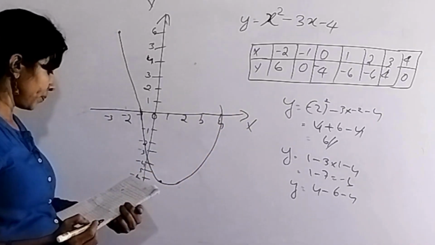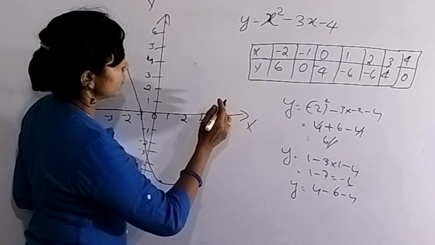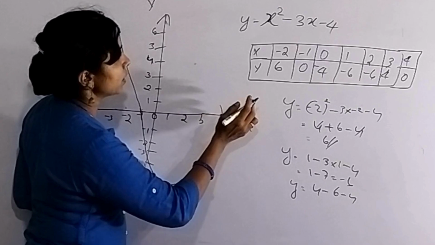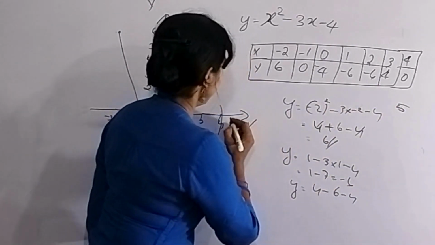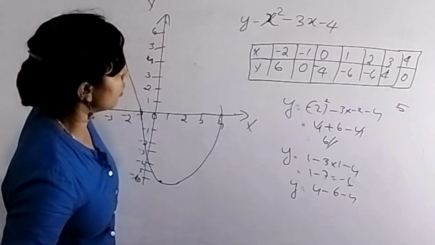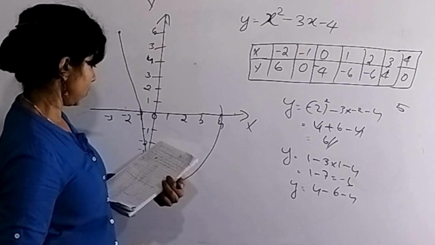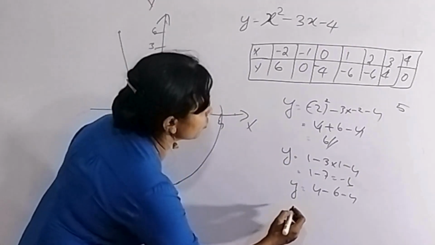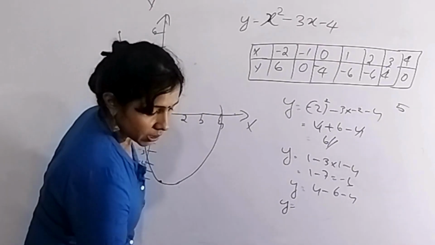Then when we put 3, it's -4. Now we can put another point also. When we put 5, then what will be the value? When you just put the value of 3 also, then what will be y? You just check it.